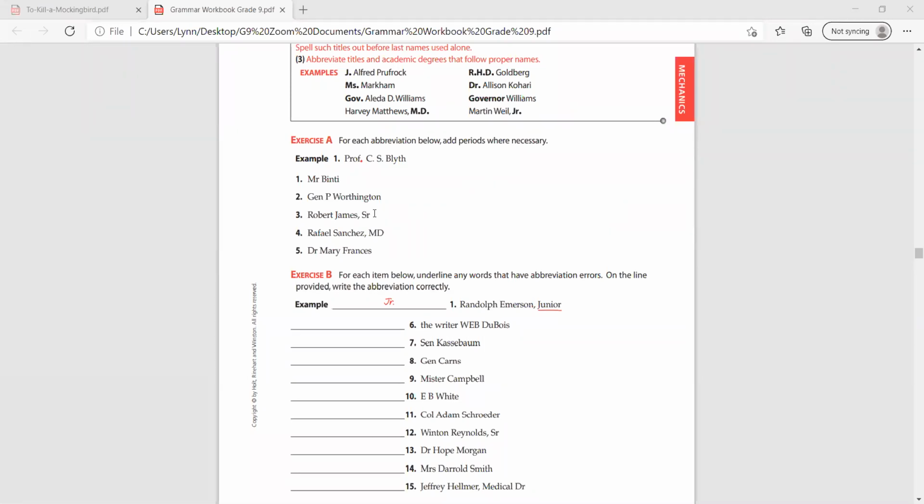Number 3, Yusuf, Sr. here stands for senior. Robert James Senior. We'll put it after senior. So you would put your period where in number 3? We'll put it after Sr. Yes.